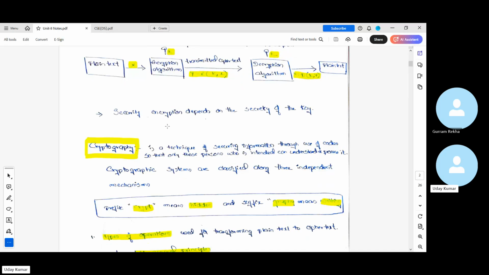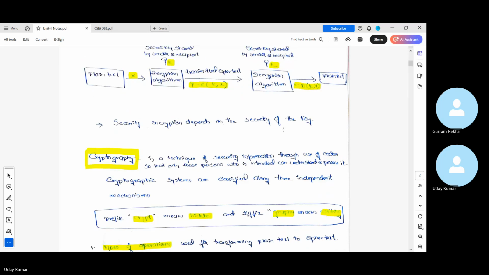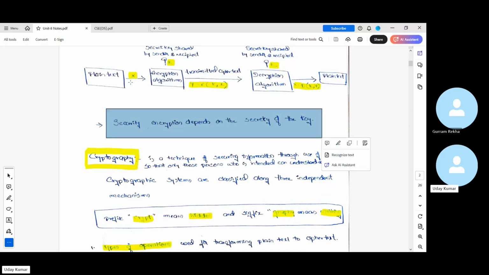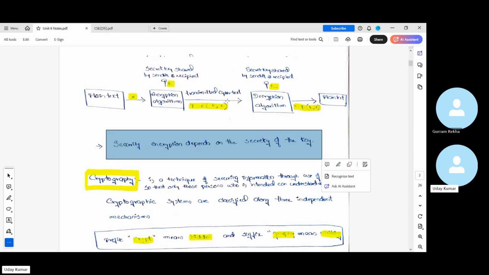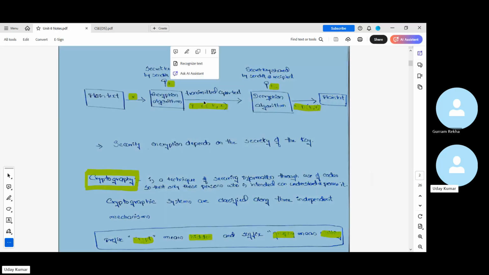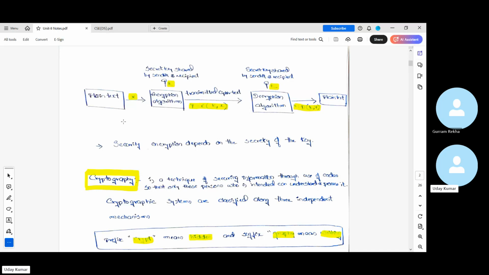So the security of encryption depends on the secrecy of the key. This is the line that I was stressing in the class. However many procedures, substitutions or transformations you do, students, the main secrecy lies in the key. If the key is known to the hacker, then it's a waste of doing all this procedure.